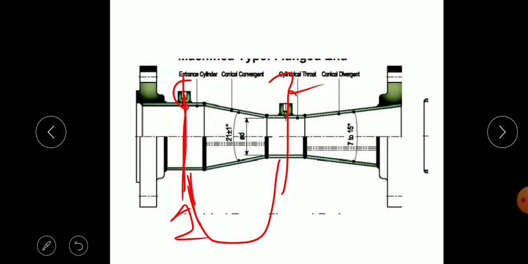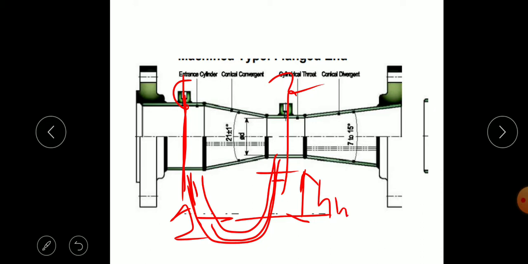This differential manometer shows the reading. If the pressure is more, the manometric fluid will come here, and this will be the difference of manometric fluid, HM. So we can measure the pressure difference at these 2 points using the differential manometer, and that pressure differential is used to measure the flow rate.